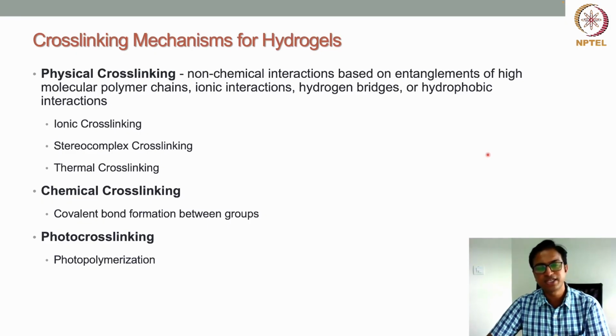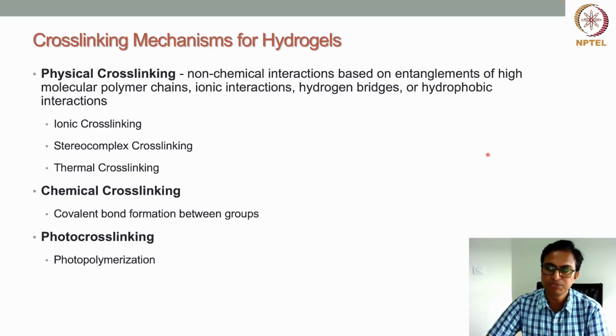Right? Similarly, there is another way, which is photo cross-linking. Photo cross-linking is when we use photopolymers, because the nature of the material is that they are sensitive to light.